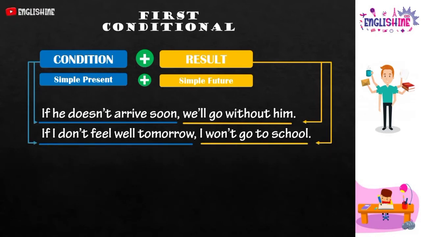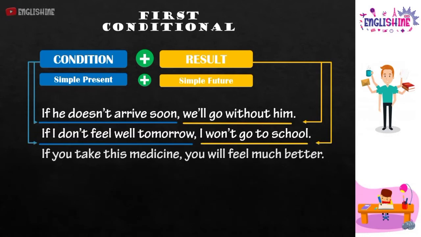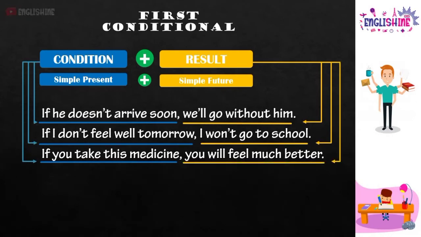It is a possible situation if bad things happen. If you take this medicine, you will feel much better. The condition is, if you take this medicine, and the result, you will feel much better. Taking medicine while you are sick is a likely situation to make you better.